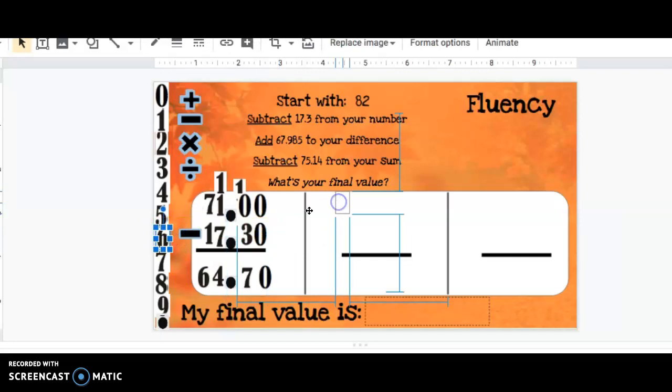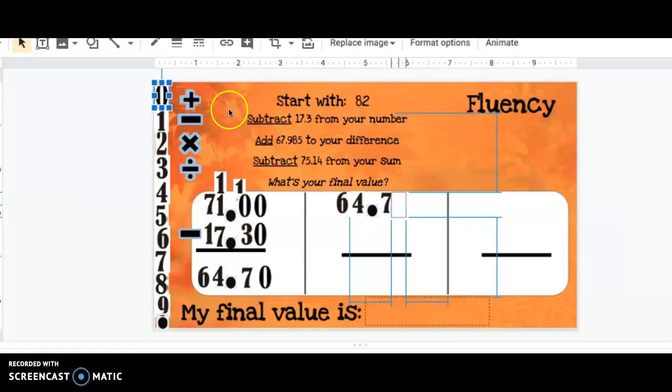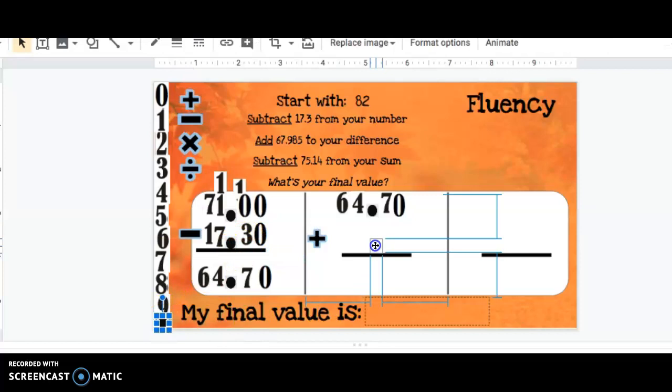I'm going to put 64 and 70 hundredths plus, because it says to add, I'm going to put my decimal point down so I stay in the right place values.